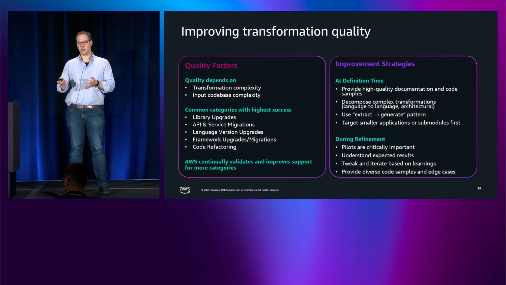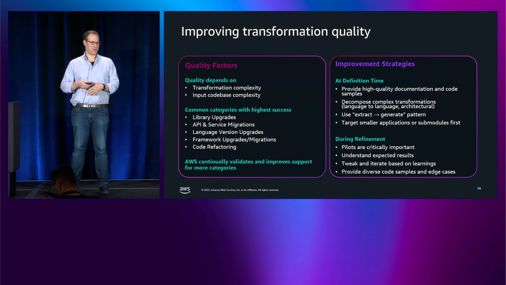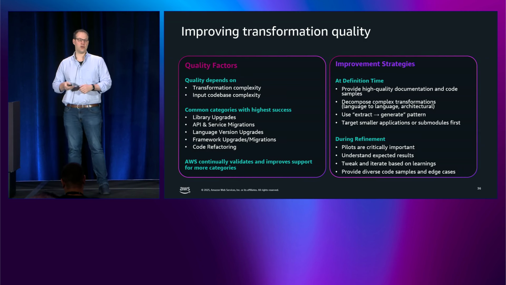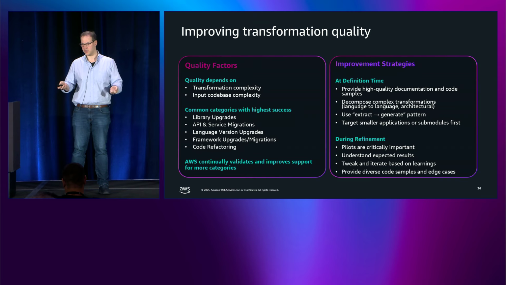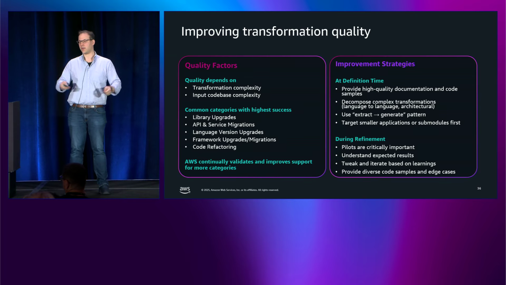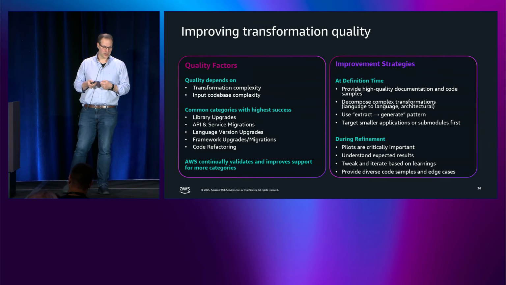You can decompose the transformation, like Morgan was talking about before. For instance, if you want to translate across languages, you can first extract specifications, then do code generation. You may decide to decompose based on functional layers. Some of our customers said, let me first migrate the data layer, then I want to migrate another layer, and so on and so forth.